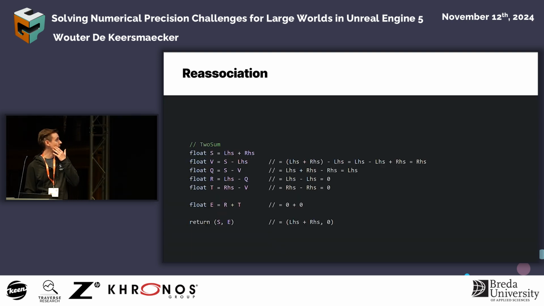So if we take a look at that operator that I highlighted before, and we perform the reassociation optimizations, you can work this out step by step. But what you end up with is that the error calculation just ends up being 0 statically, always. So we just lose all of the extra precision that we just gained. We just end up with a 32-bit float result. In other words, the algorithm breaks.